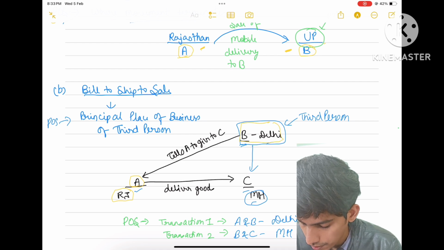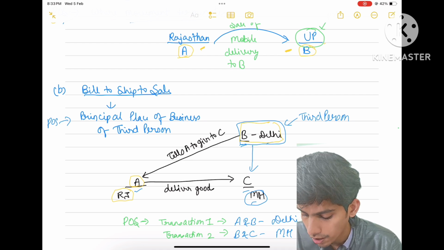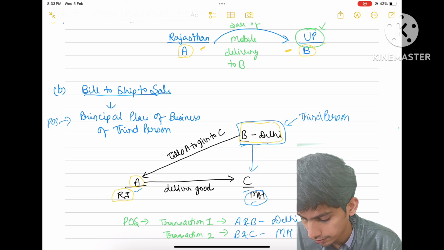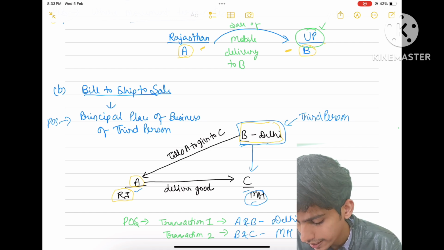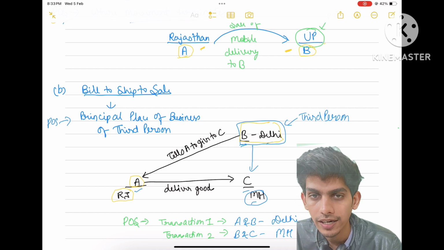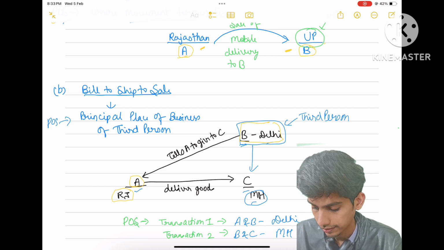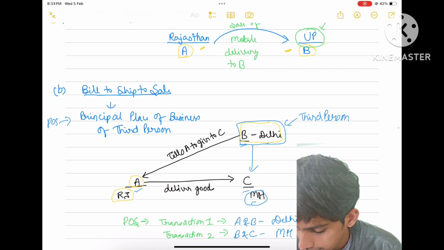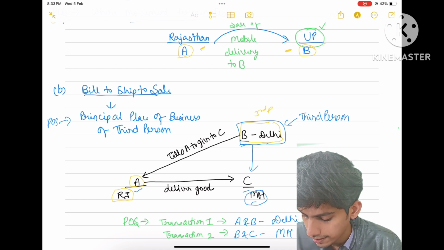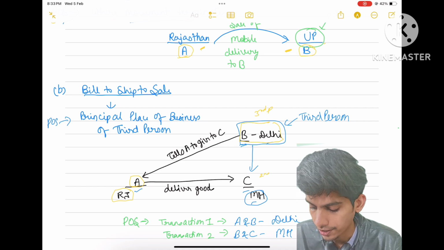B gives an order to A and tells A that instead of delivering goods directly to B, he wants A to deliver goods to C. So Mr. A will be delivering goods to C on behalf of B, who is the third person. So here B is the third person, C is the second person, and A is the first person.